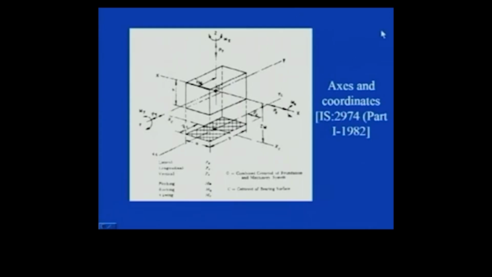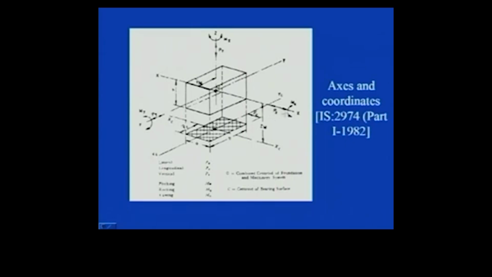If I take the z axis, that is vertical, the force is pz, then the lateral one is px, in this particular direction. This is your x axis, this is the y axis, and this is the z axis. This point O is the CG of this particular block.